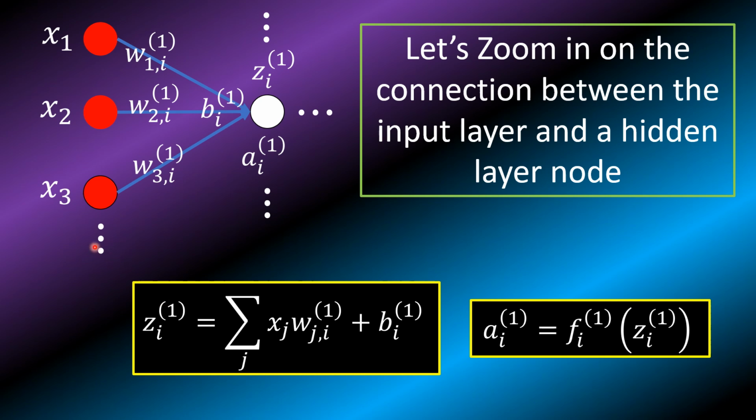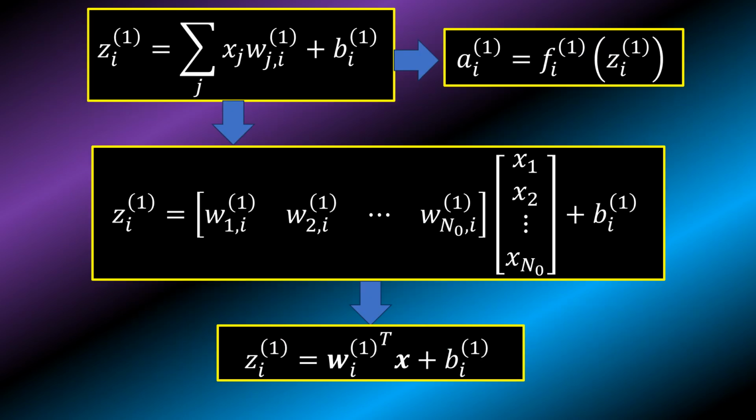We call the input layer layer 0, and this layer that the neuron is in layer 1. Then you have layer 2, layer 3, layer 4, and so on, until you get to the output layer, which we could say is layer capital M.